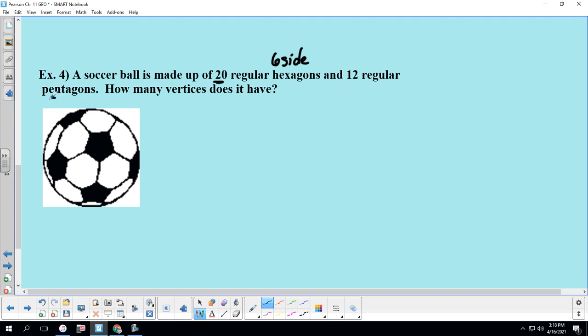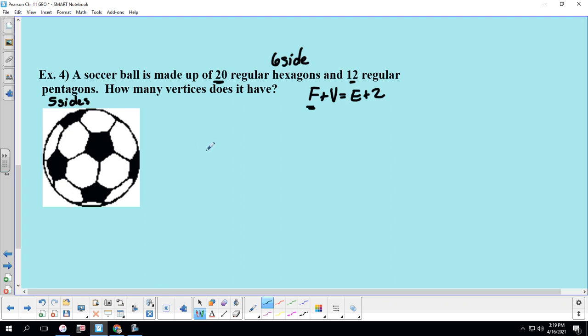We know a pentagon has 5 sides, and we have 12 of those. But the formula, Miss Applegarth, is F plus V equals E plus 2. All we know is how many faces we have. So how dare you? Because we need a V and an E. So let me show you how to get the edges if you know how many faces there are.